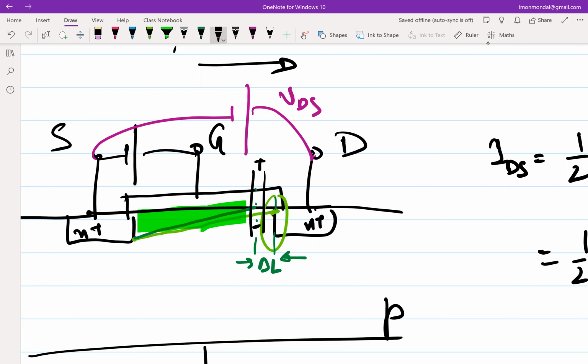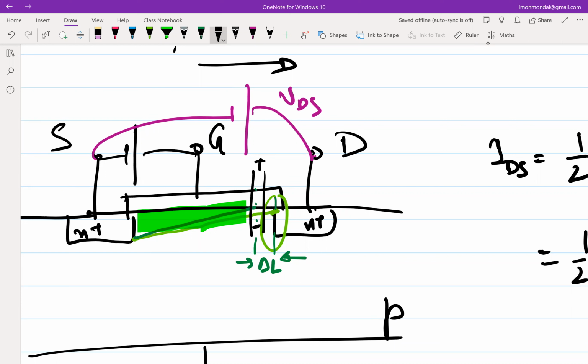Now we are saying that what happens physically, to some extent it's true, but if we poke it a little further, if I increase VDS incrementally beyond that point, what is likely to happen? That extra VDS has to drop somewhere. Where will that drop? That's the question, right?